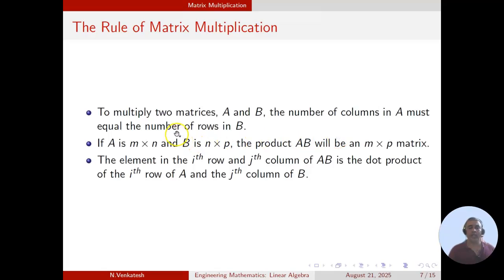To get the ith row and jth column element of A into B, we just have to do a dot product of the ith row of A and the jth column of B. We will see an example here.